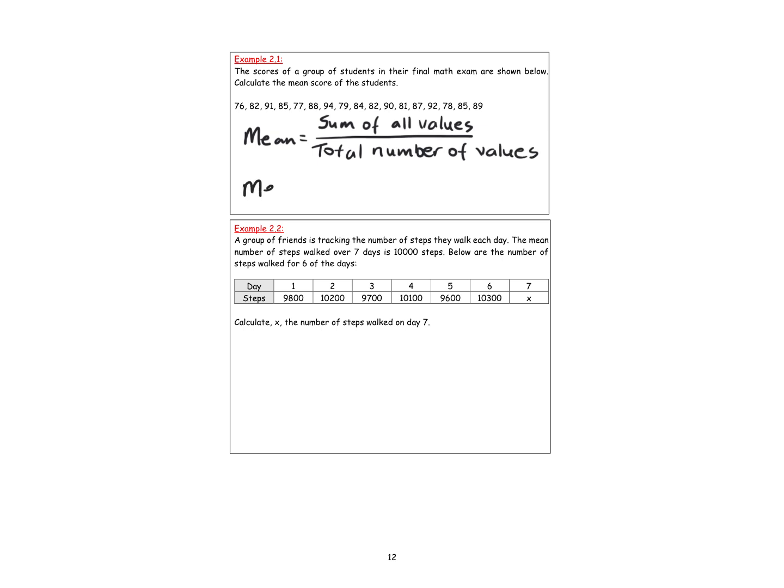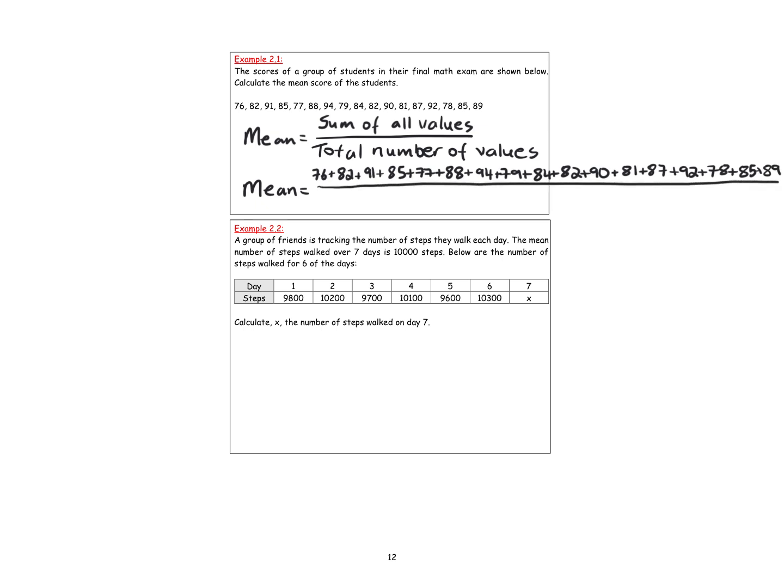Filling that formula in, we get that the mean is equal to 76 plus 82 plus 91 plus 85 plus 77 plus 88 plus 94 plus 79 plus 84 plus 82 plus 90 plus 81 plus 87 plus 92 plus 78 plus 85 and plus 89, and then all of that is going to be over the total number of values.